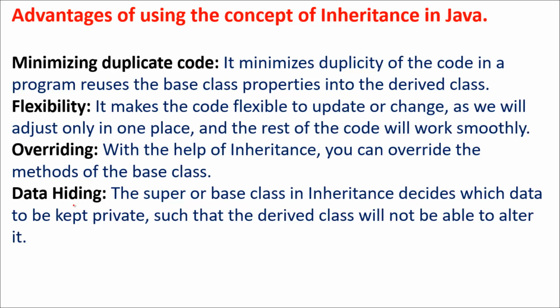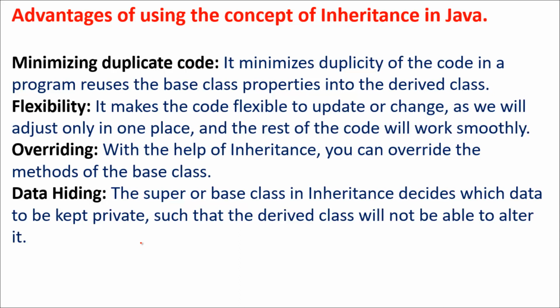And then there is another called data hiding. The super or base class in any inheritance decides which data to be kept private. Such data the derived class will not be able to alter. When you define data with the private access specifier, that data cannot be accessed in any class other than the class itself.